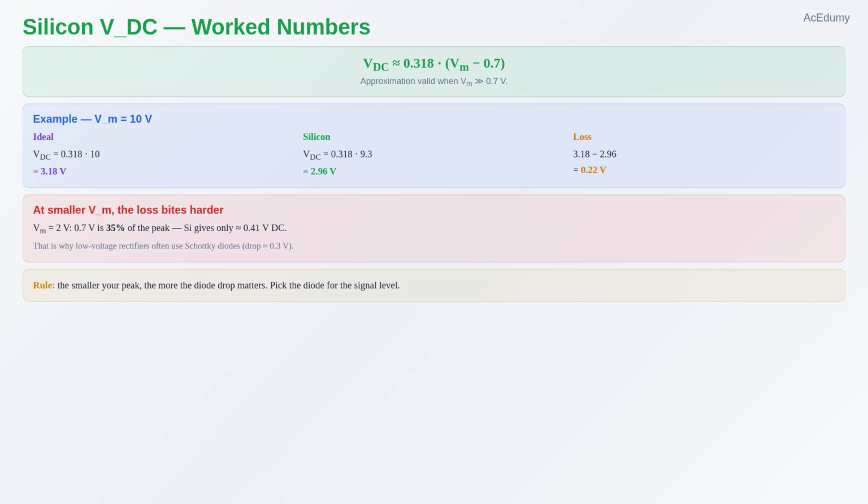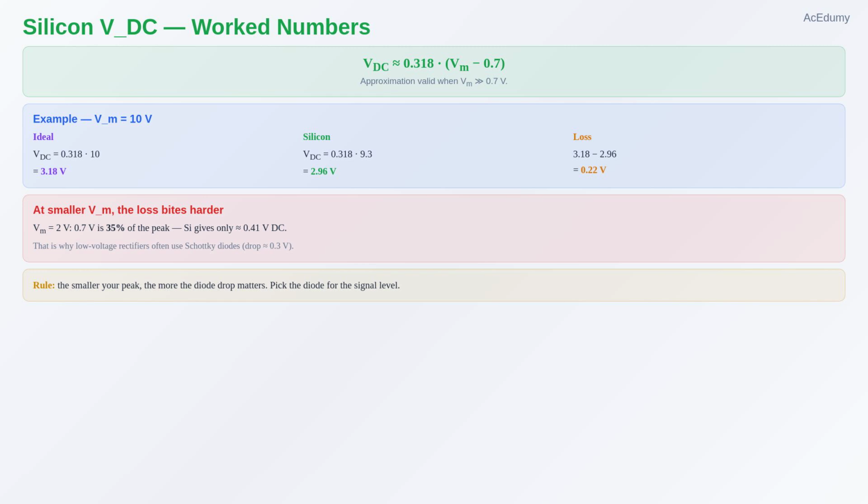Let us put numbers on this. Say your AC peak is 10 volts. With an ideal diode, V_DC equals 0.318 times 10, which is 3.18 volts. With a silicon diode, V_DC equals 0.318 times 9.3, which is 2.96 volts.